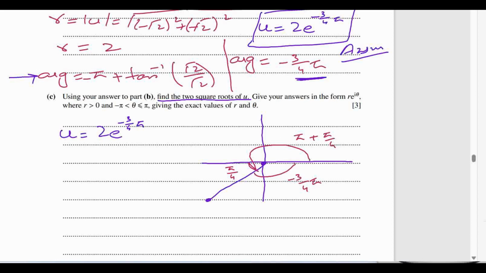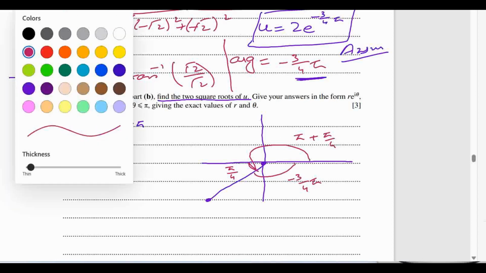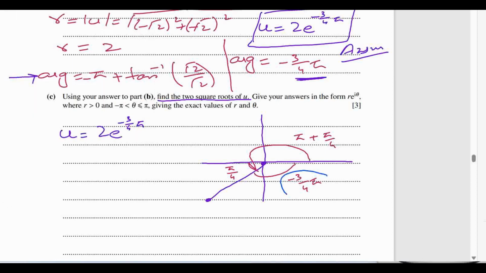Now we are interested in these two angles. The first one is minus 3 by 4 pi, and the second one is pi plus pi by 4.